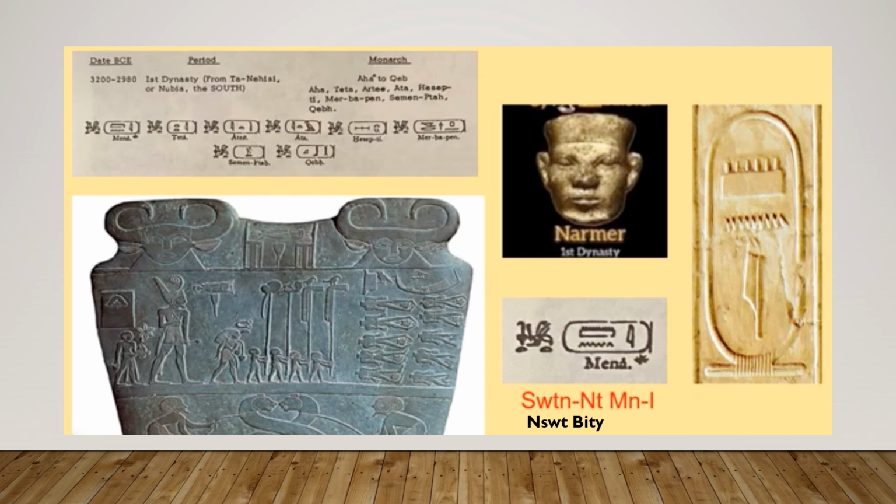The leader of the first dynasty, or the representative of the Upper and Lower Egypt for Dynasty 1, is Narmer, also called Mena. The first dynasty represents the reunification of the Upper and Lower Nile Valley civilizations.